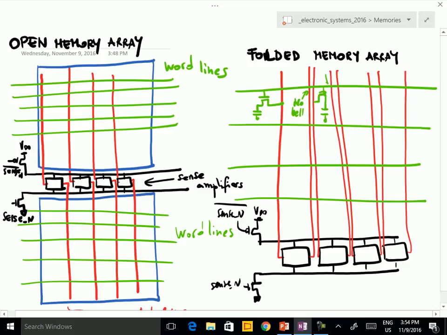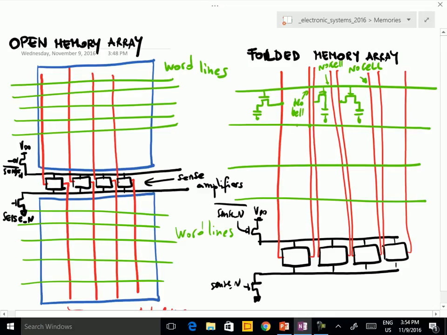Here we have no cell, and we have a cell here. And we have no cell here. And for the other bit line we have the cell in correspondence of the other word line.